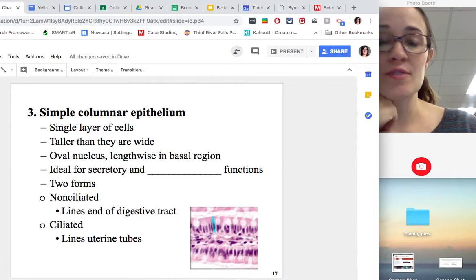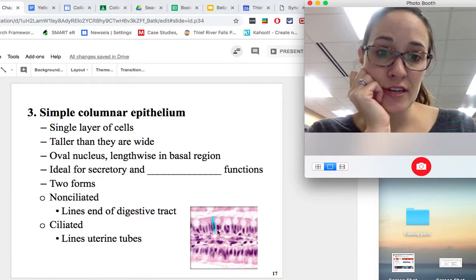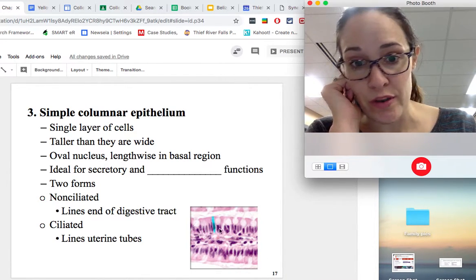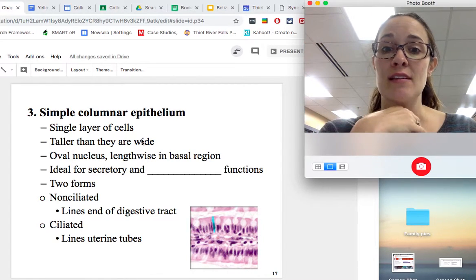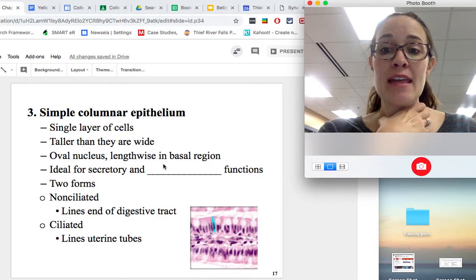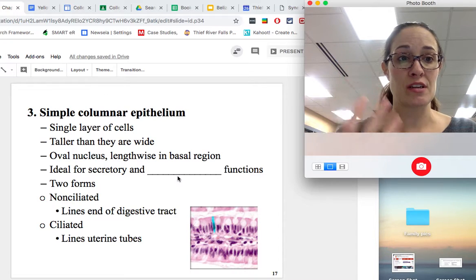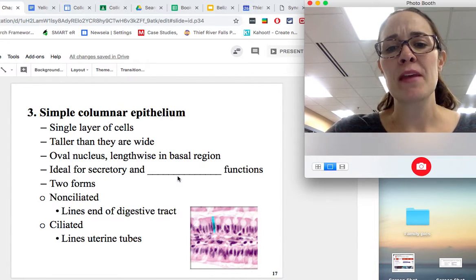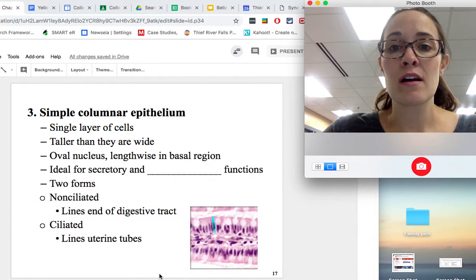The next type of tissue is called simple columnar. Here again, you see the picture, and highlighted here is one of the column-like cells. There are more that go each direction. It's a single layer of column-like cells, and they are ideal for secretory or absorbing functions. There are two varieties of simple columnar.